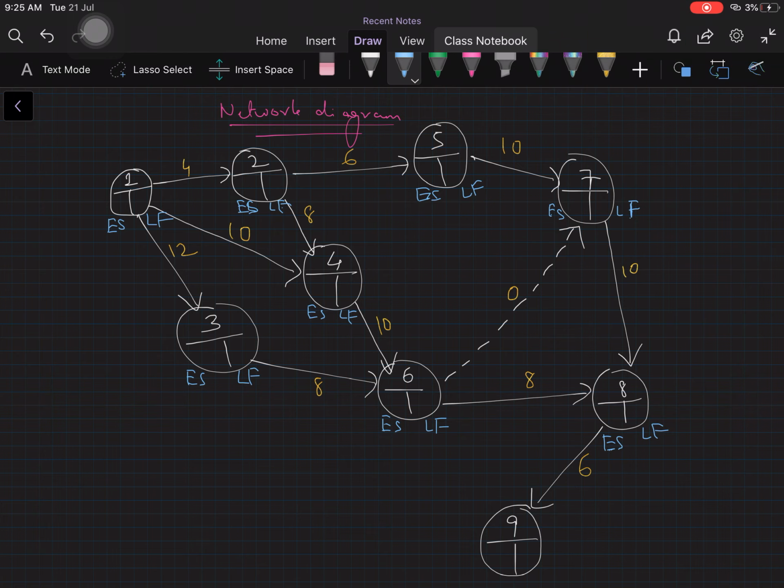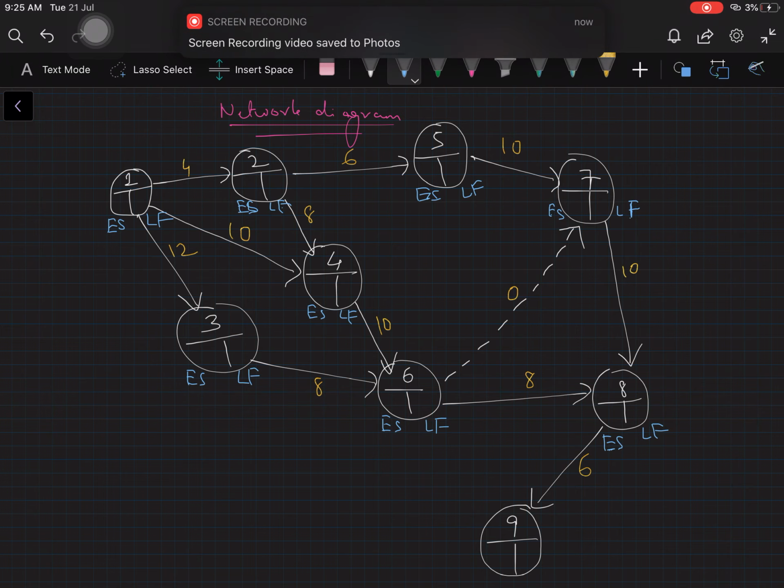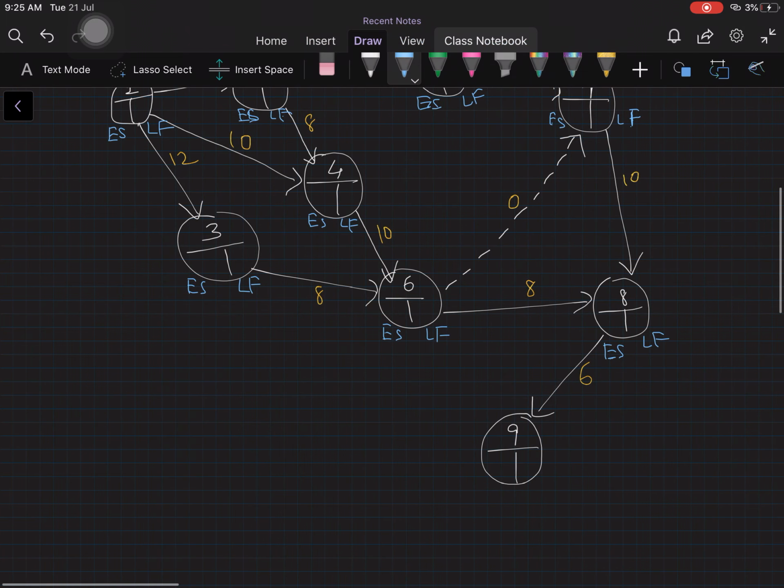So after this, what are we supposed to do? Now we are supposed to fill these portions, that is early start and late finish of each and every event. So how are we supposed to fill them? To fill this, we need to follow a procedure.